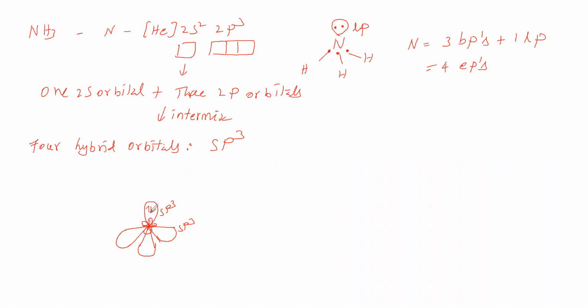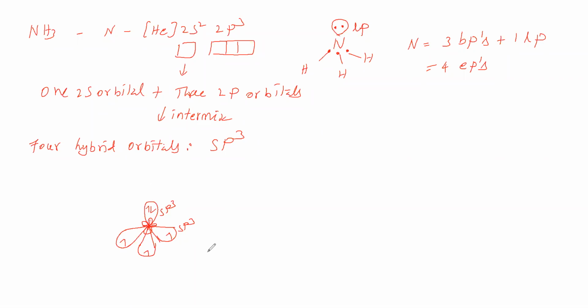Then there are 3 bond pairs. Therefore, for 3 hybrid orbitals, you give 1 electron each.